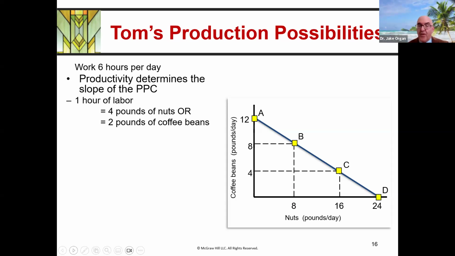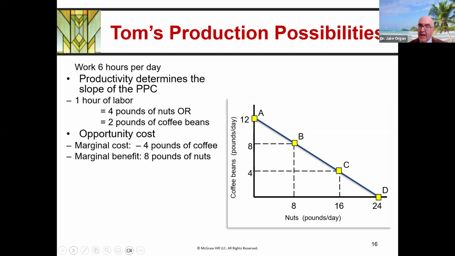So 1 hour of labour is 4 pounds of nuts or 2 pounds of coffee. Remember, Krisha was the other way around: 4 pounds of coffee and 2 pounds of nuts. And so, in a way, all of these figures for Tom are the inverse of the figures for Krisha. The marginal cost of 8 pounds of nuts is minus 4 pounds of coffee.